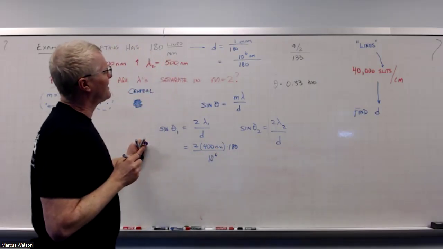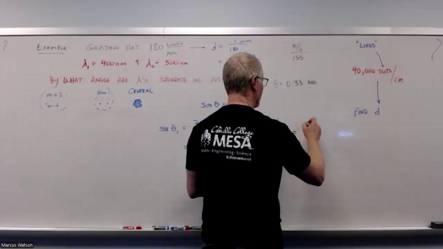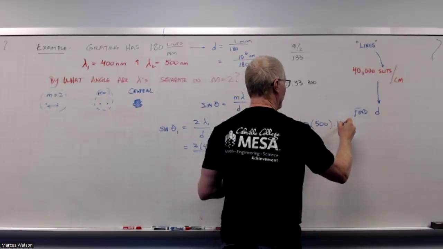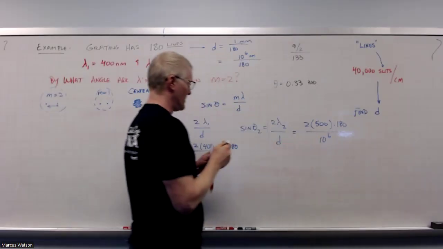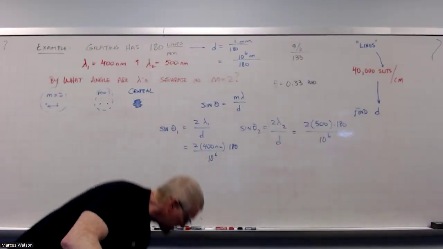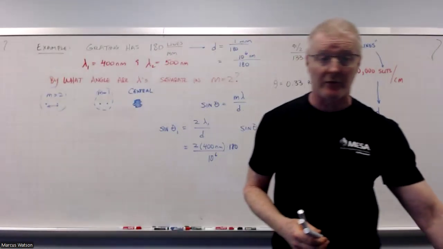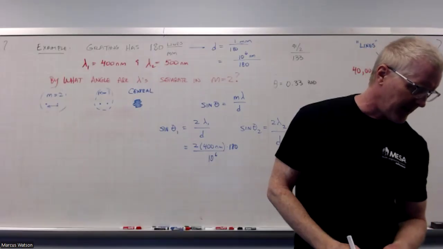Seems like that's okay. I do the same thing over here with the other angle. I do 500 nanometers. I'd multiply by the 180 and divide by 10 to the 6th. That'll give me the sines, and from that I'll be able to back calculate and figure out what the angles are. Okay, so I did calculate these angles.